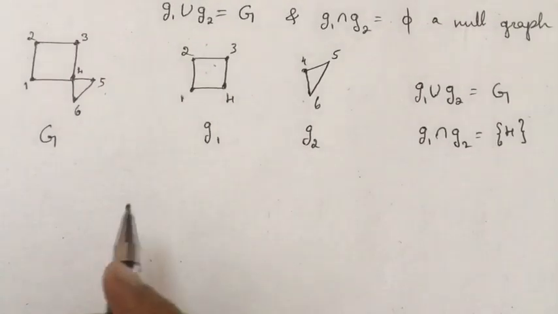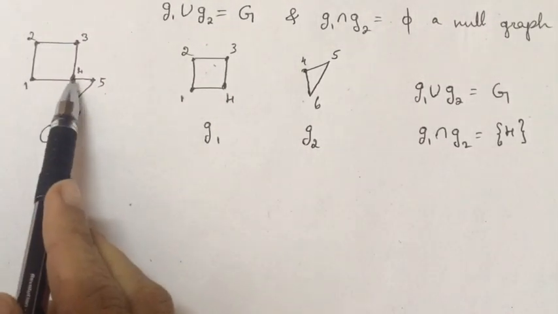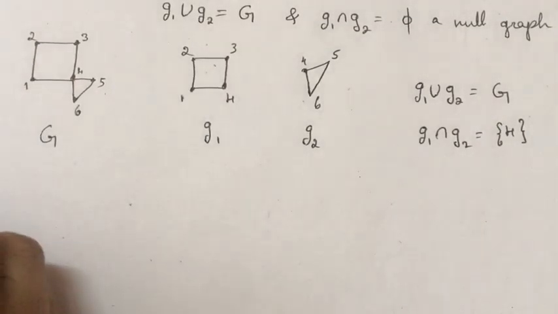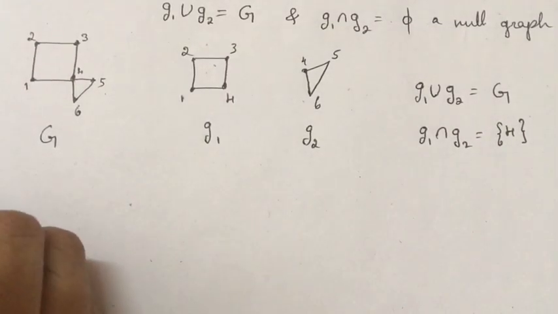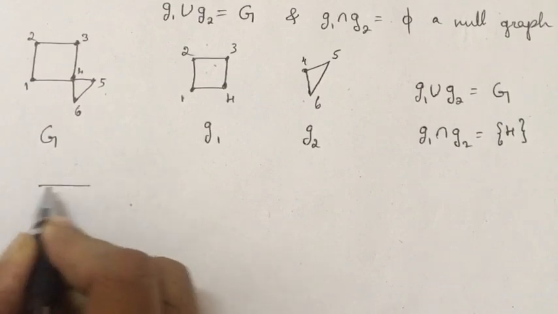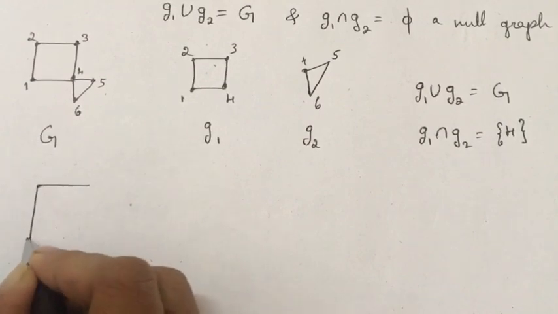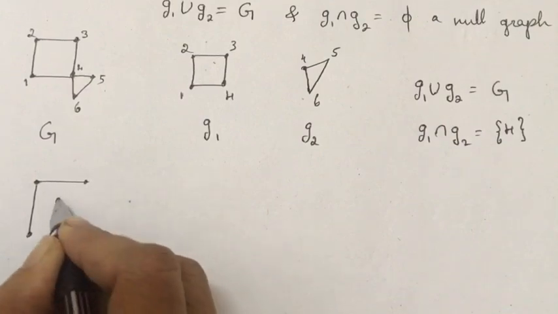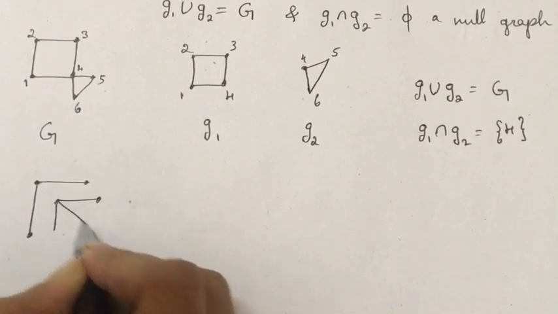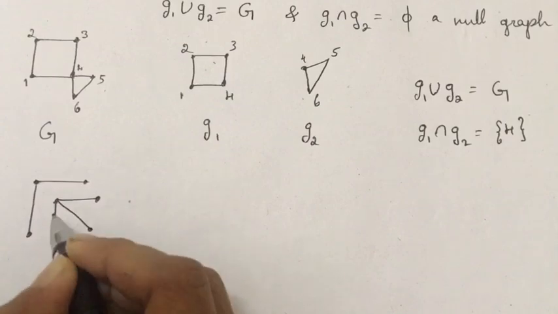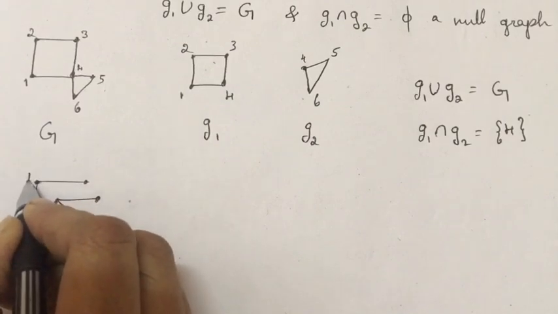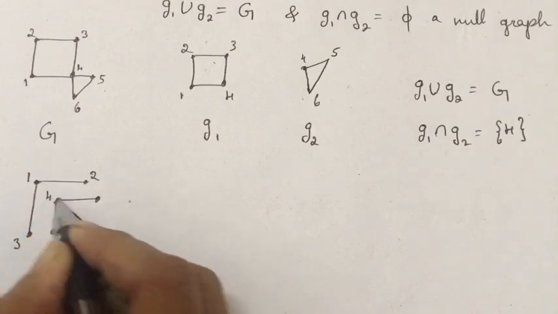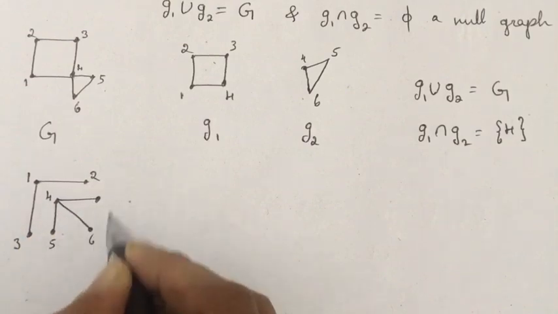I can give one more. It's a connected graph I have taken. I can even take disconnected graphs. Suppose this is one component and this is another component. Two components I have with the vertices 1, 2, 3, 4, 5, 6, 7.